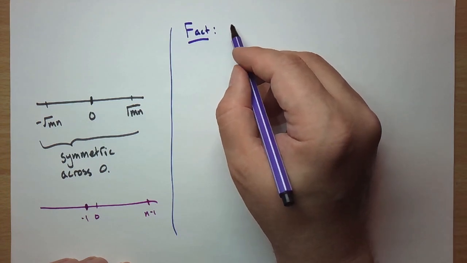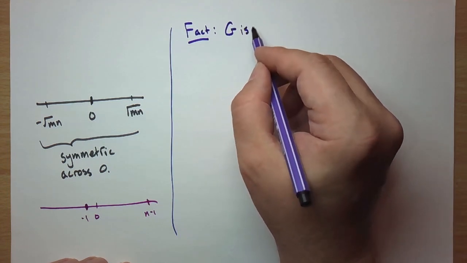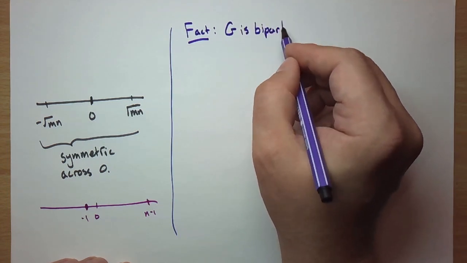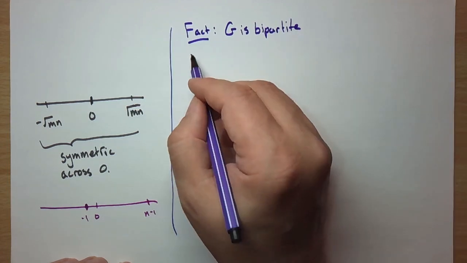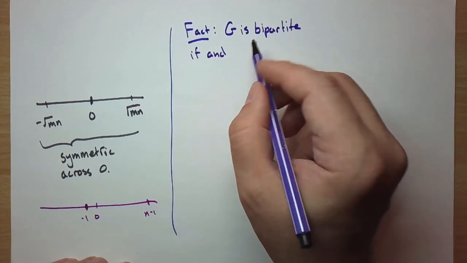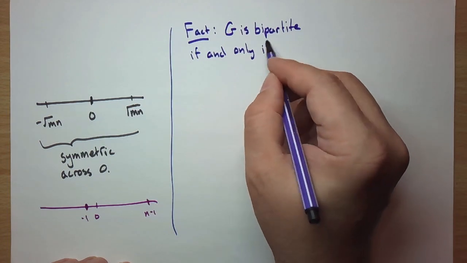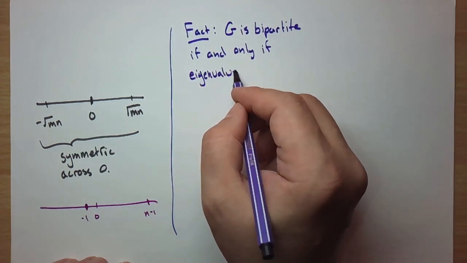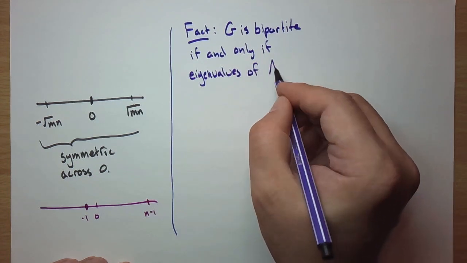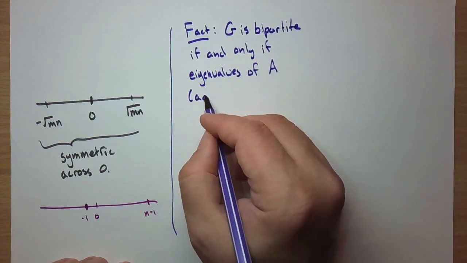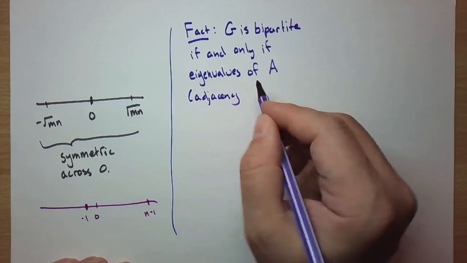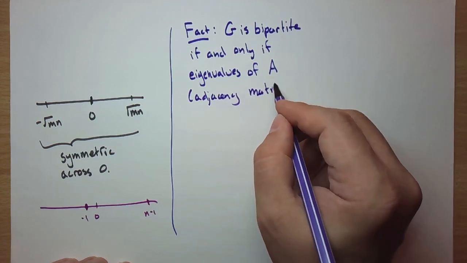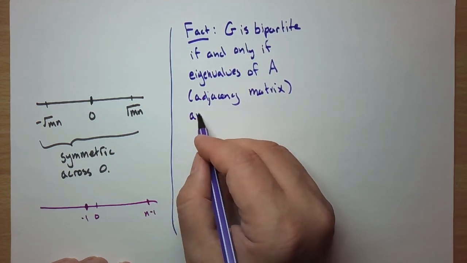G, the graph, is bipartite if and only if the eigenvalues of our adjacency matrix are symmetric around 0.